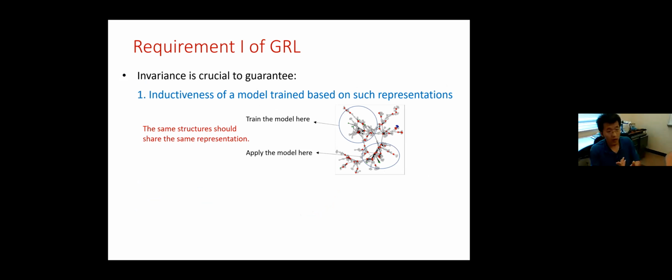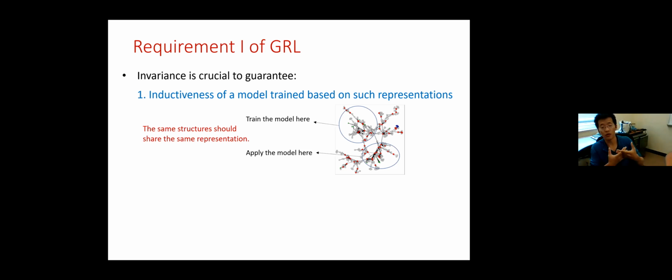And from a machine learning perspective, this invariant property is very important. First, it is very important for inductive learning. We may expect to train our model using a certain part of the network and apply our model in another part that has not been seen during training.